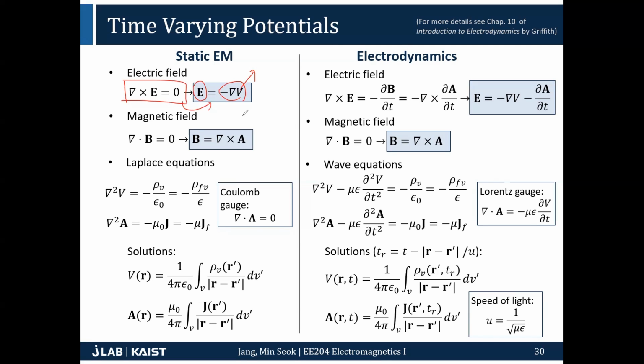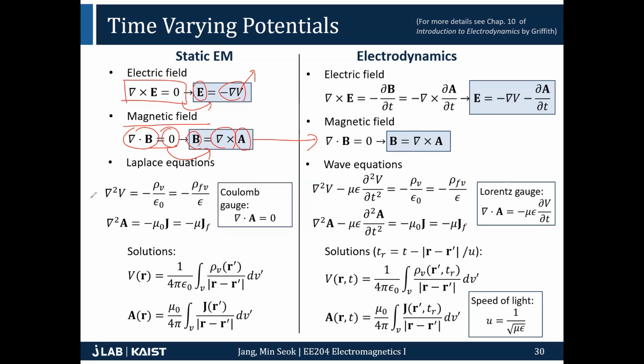That's electrostatics only, right? And for the magnetic field, the divergence of B was 0. This allows you to express the B field as the curl of some vector potential. And this is still true for the electrodynamic case, because the divergence of B is always 0.